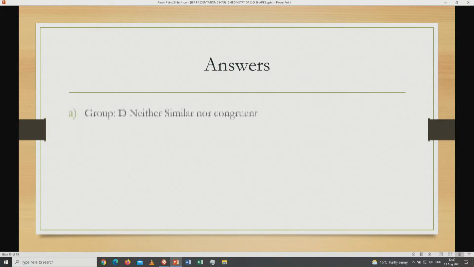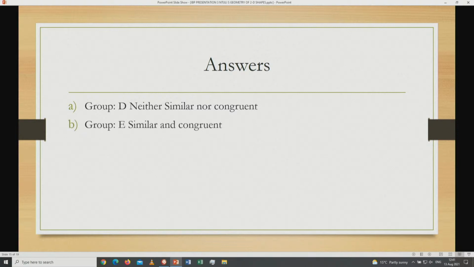Right. Let me just put my answers there. Group D, they are neither similar nor congruent. Why? Because the shapes were looking a bit similar, but they were not congruent. Group E, they were similar and congruent. Yes, we have agreed.